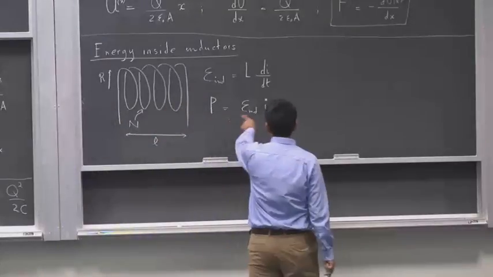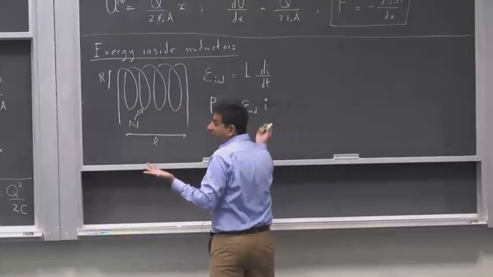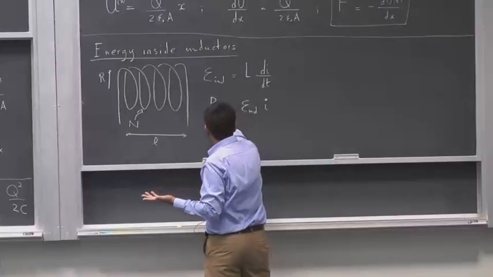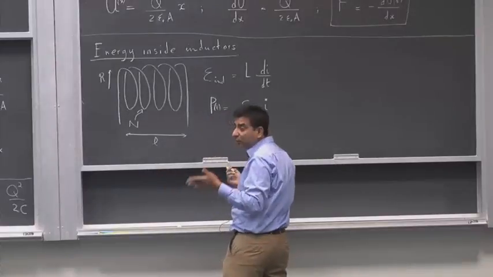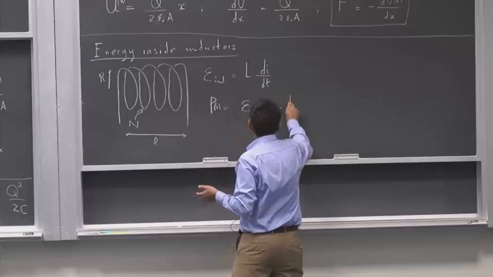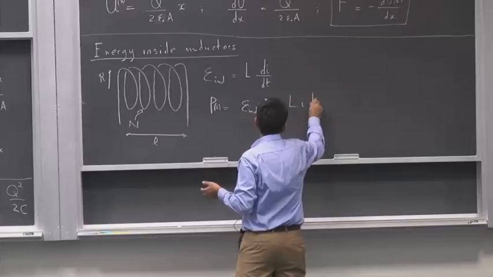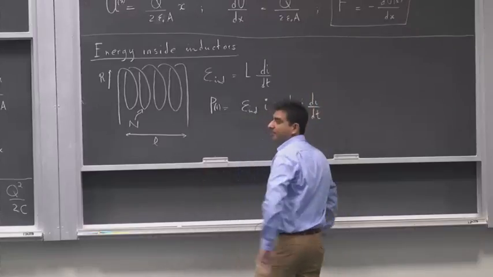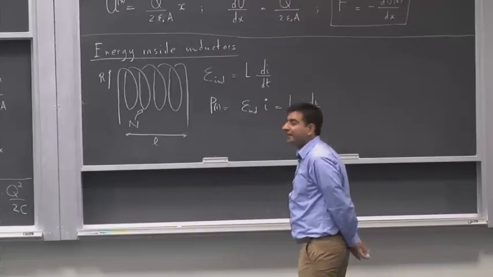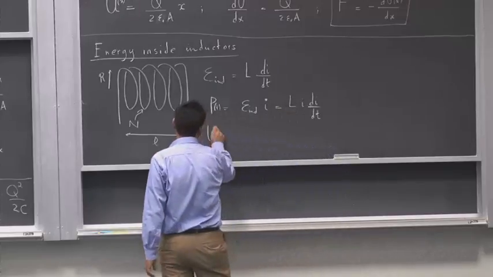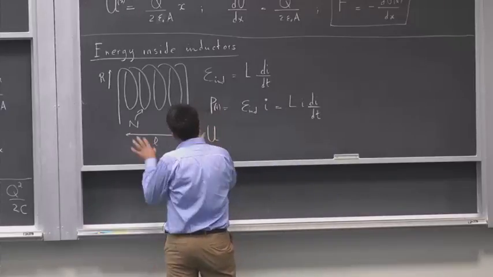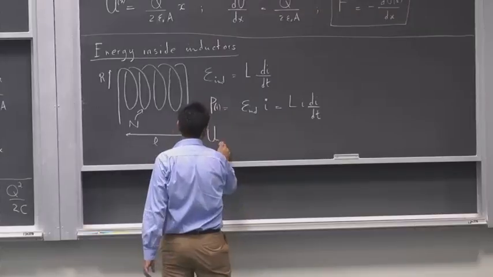Now, this is my power that goes in, which could be a function of time. The power could change with time. This is in watts. This is given by Li di/dt. Now the total energy that is going into this inductor, it's magnetic in kind.